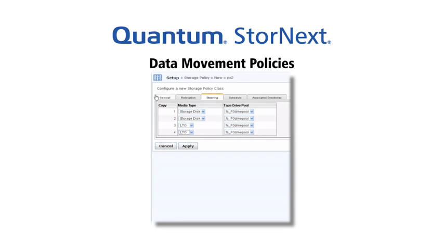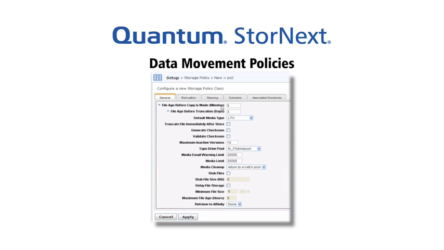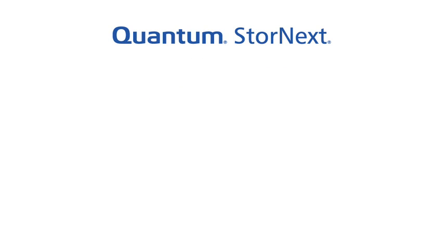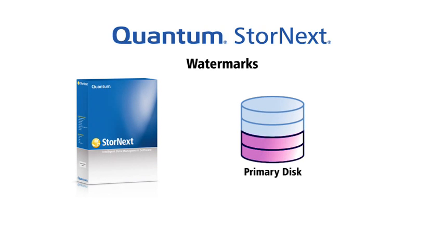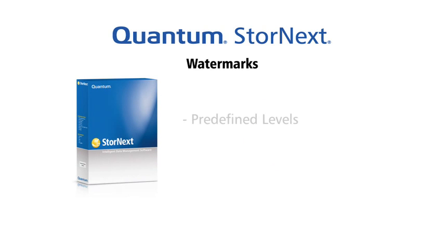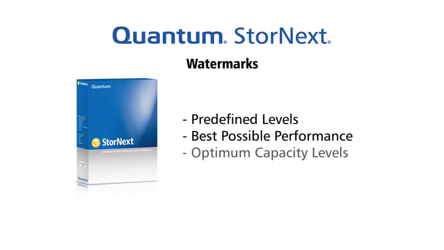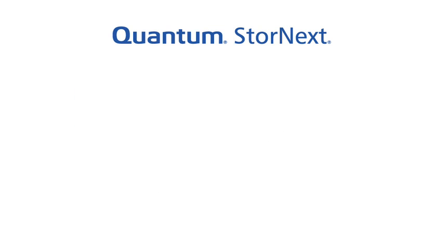Policies for data movement are set at a folder or directory level and include parameters like file size, file age, last access date, and others. User-defined watermarks utilized in the Storage Manager policy engine ensure that primary disk capacities remain at predefined levels for the best possible performance and optimum capacity levels.